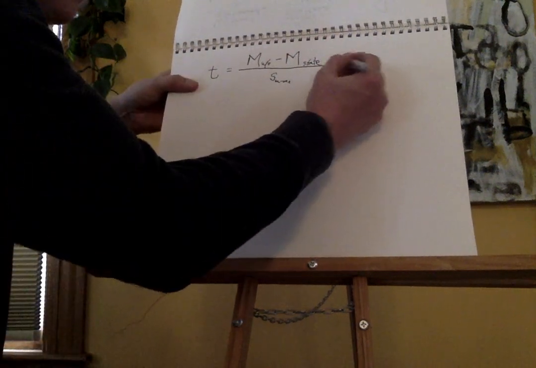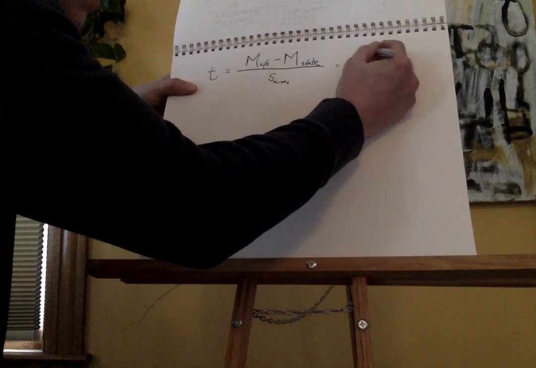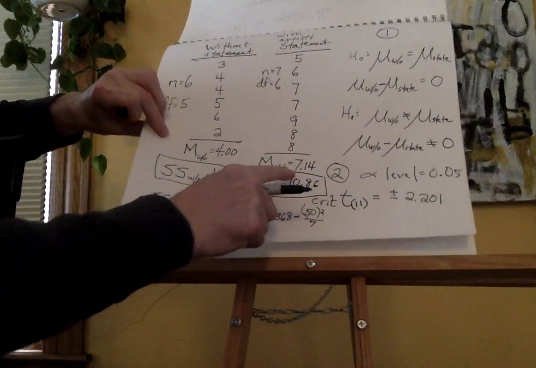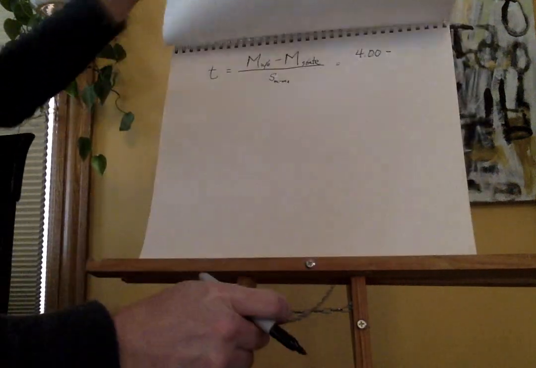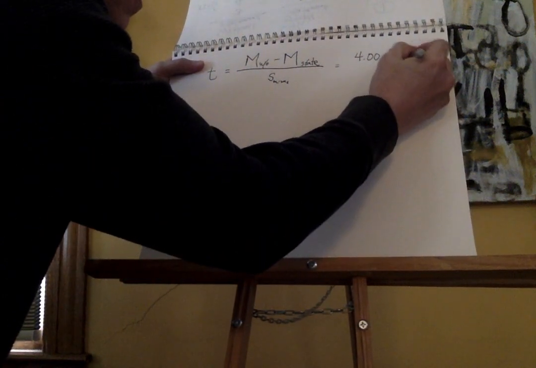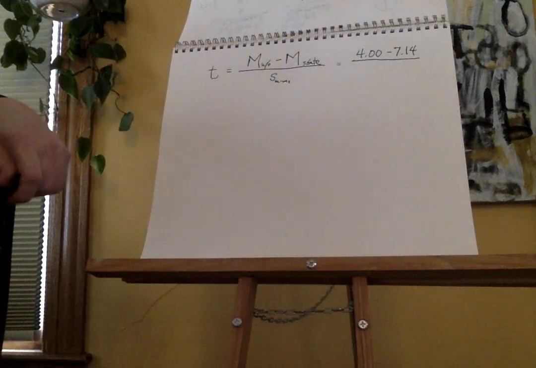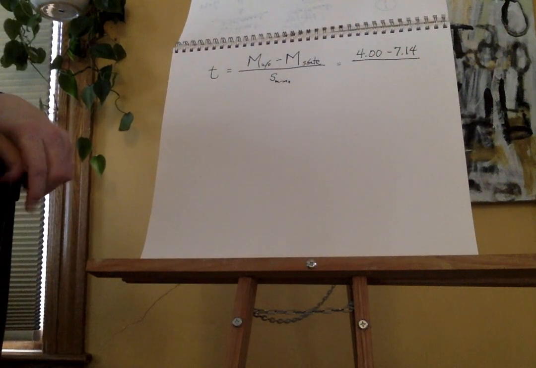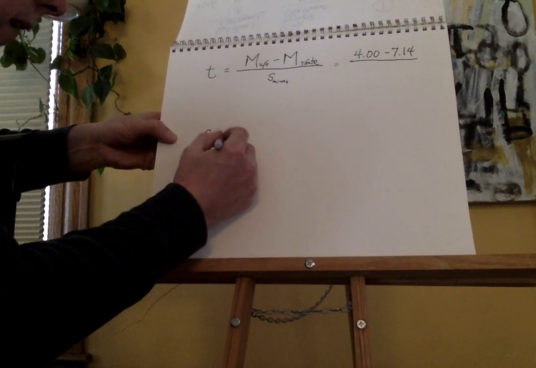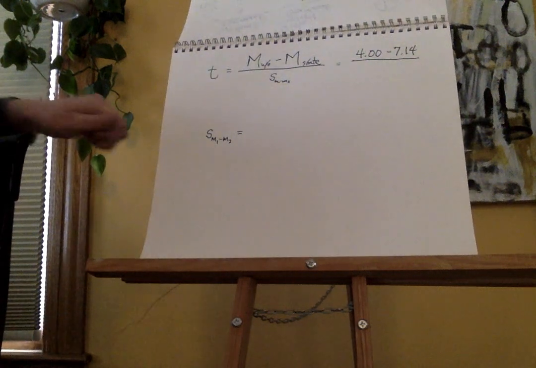The mean for without is 4. And the mean when we have the artist statement is 7.14. Okay. So pretty good. We got the numerator. Now we need to get this value.